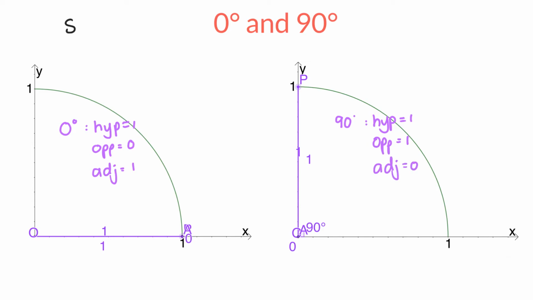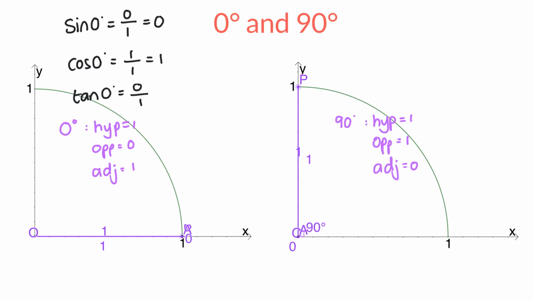So if I think of sine of 0 degrees, that will be opposite over hypotenuse, 0 over 1, which is 0. Cos of 0 degrees will be adjacent over hypotenuse, which is 1, and tan of 0 degrees will be opposite over adjacent, which is 0.